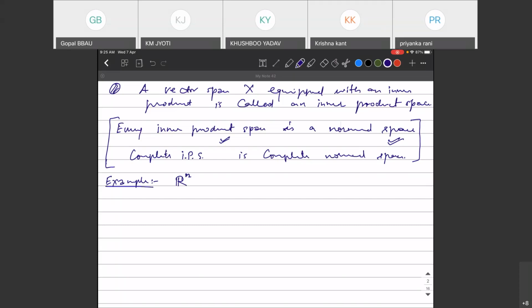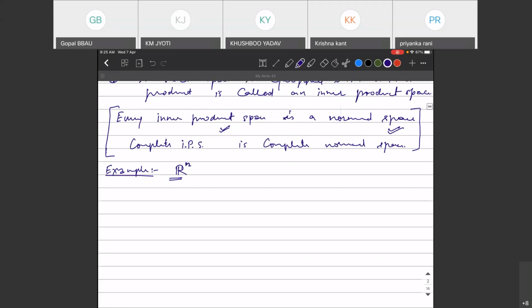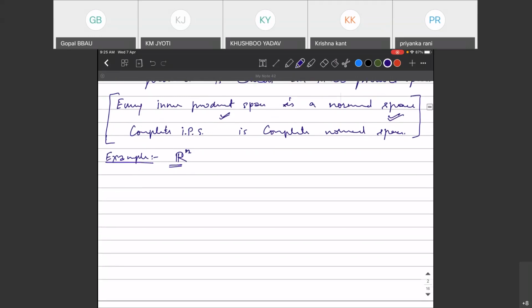We have seen so far that Rn is a normed linear space. In fact, Rn was a complete normed space, so Rn was a Banach space. Now let us see whether it is an inner product space or not.